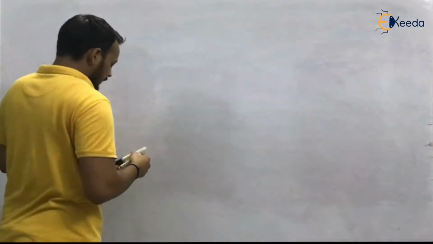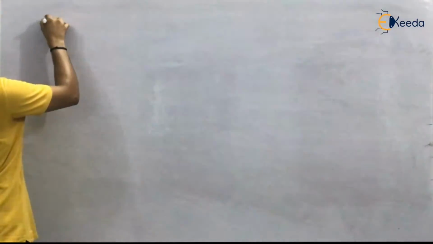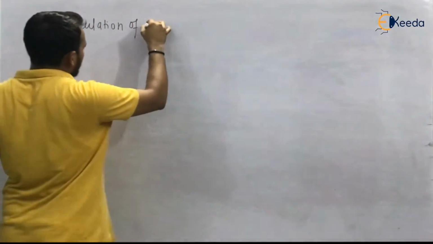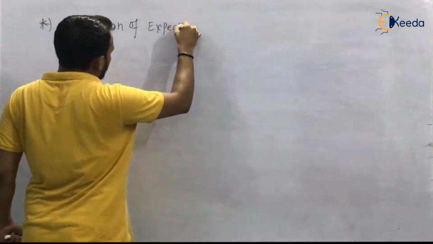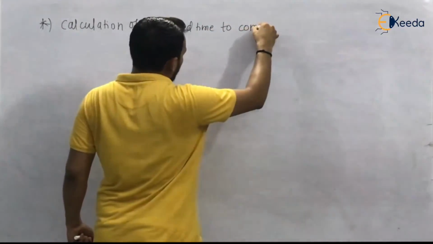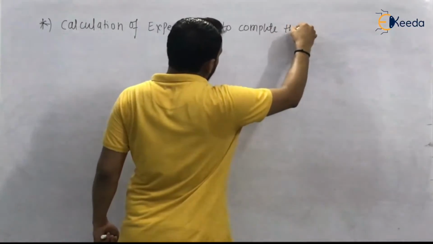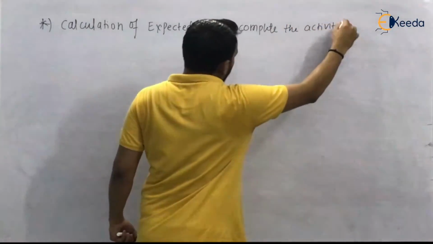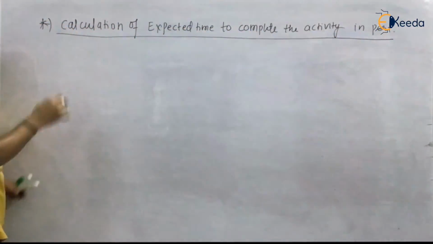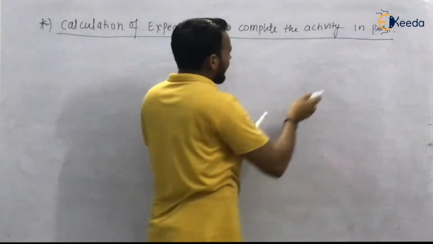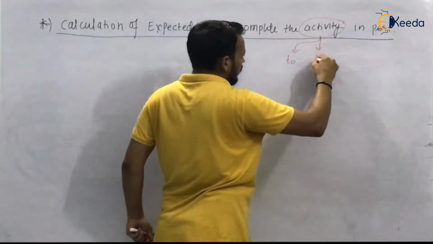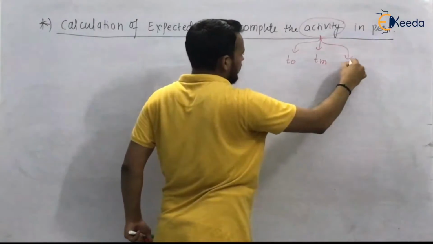So we are moving towards our next topic, that is calculation of expected time to complete the activity. Why? Because for an activity there are 3 times: optimistic time, most likely time, and pessimistic time.